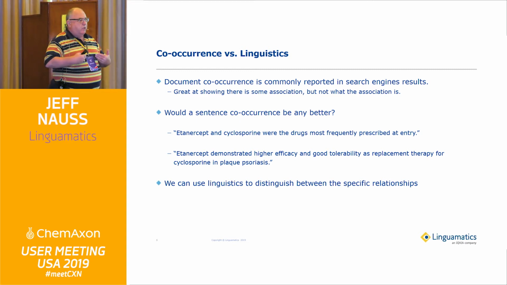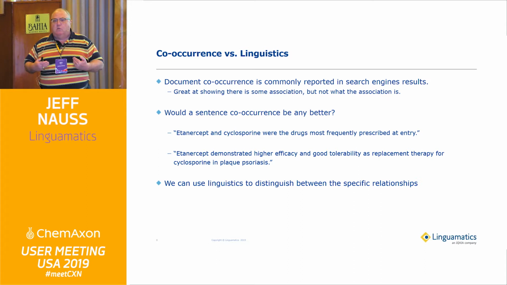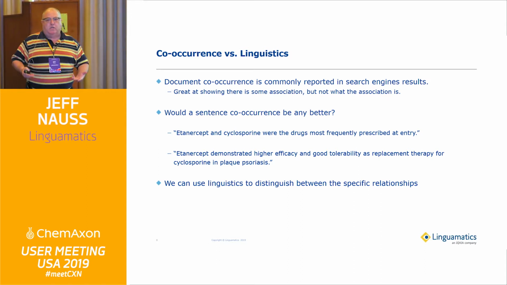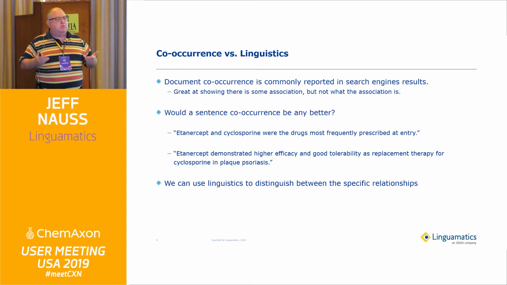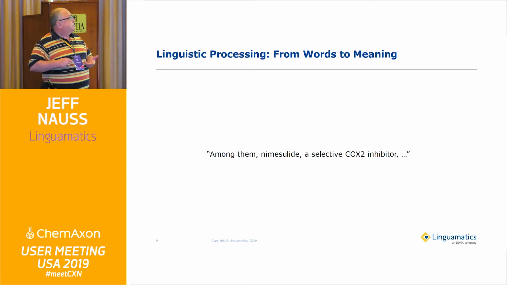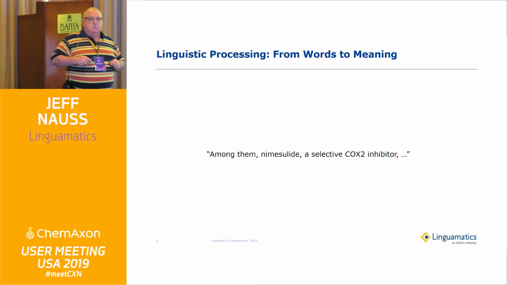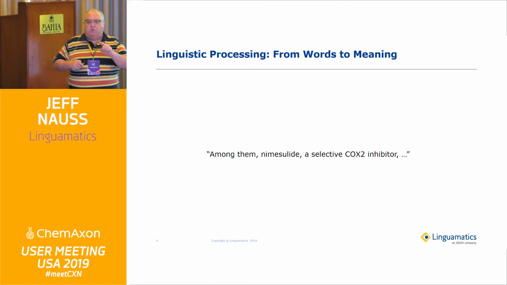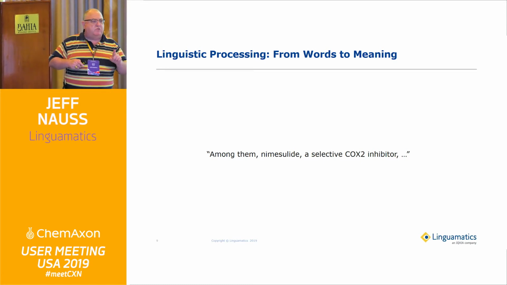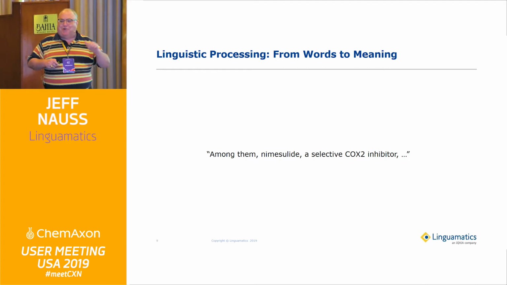And what we do at Linguamatics is we use natural language processing to look at the linguistics to extract more meaning, to get you into the documents at a deeper level to pick out the information that you're after. For example, consider this one. All right? First thing that we would do in our natural language processing would be identifying, well, it's not the first thing, but for the sake of the chart here.